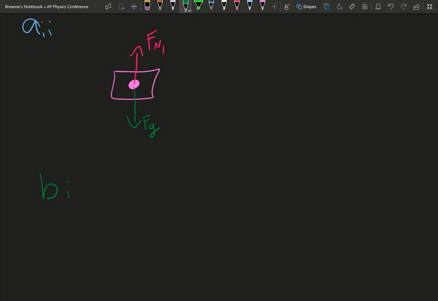So a couple of things to think about. There is a net force on block 3, which is equal to the tension of the string. This net force will cause block 3 to accelerate to the right. So we're just looking at block 3.